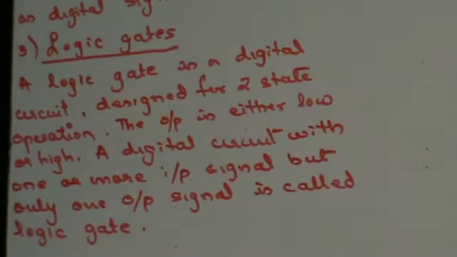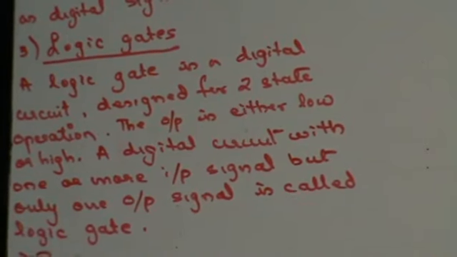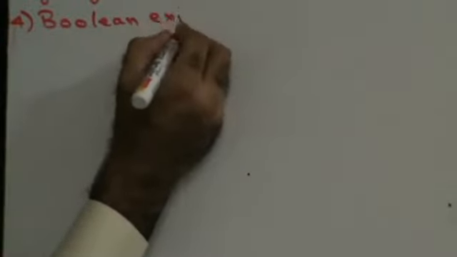Fine, do we get this clear? Now, we understand what a logic gate is. A logical statement that a logic gate follows is called a Boolean expression. So what is a Boolean expression?